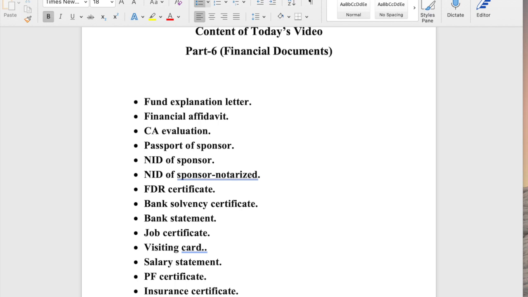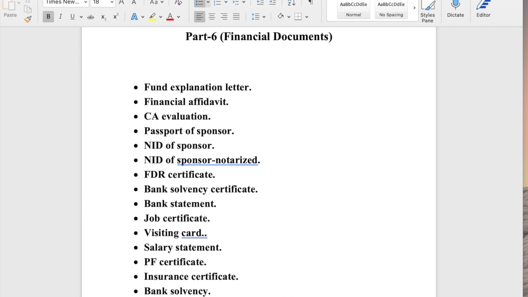Previously, while explaining the fund explanation letter, I already told you that I showed my savings account balance and my PF balance also in the available fund. Next comes my bank solvency certificate and my bank statement in order to back my funds as I was employed. So my bank solvency as well as my PF certificate.